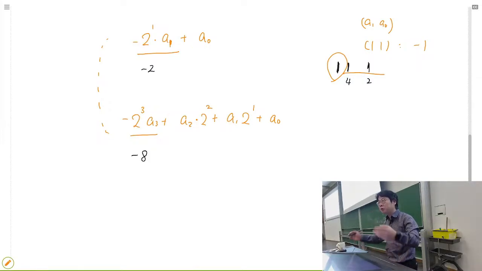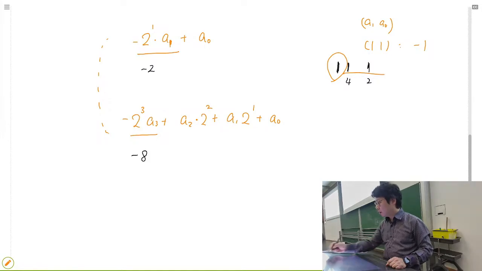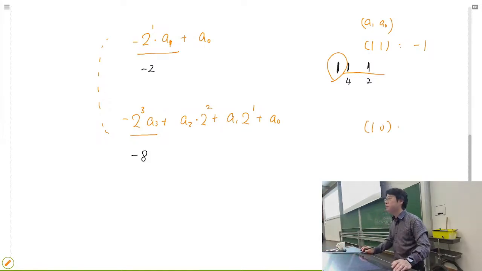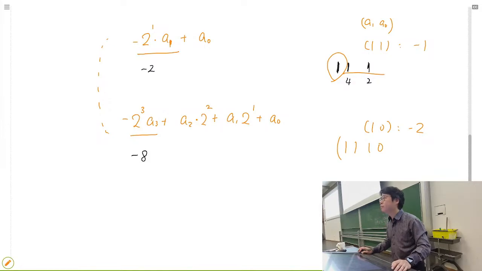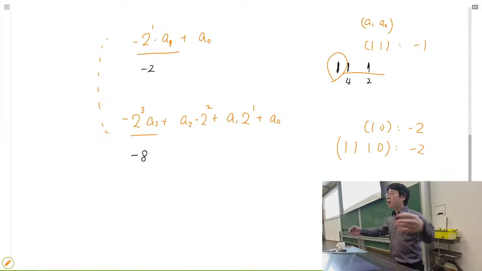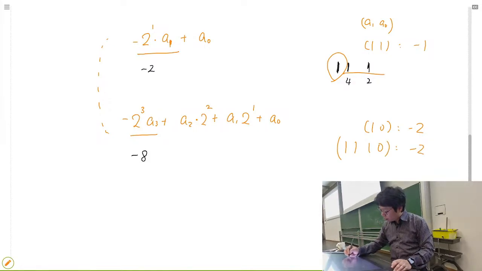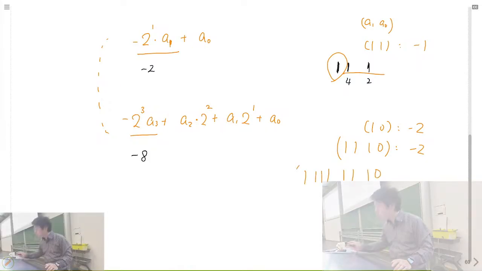Does this answer your question? Okay, now we can continue to do the same thing. So 1, 0 was originally minus 2. We will still want to keep minus 2 with 4 bits. So what do we do? 1, 1, 1, 0 is also minus 2. If you want to keep that with 8 bits, 1, 1, 1, 1, 1, 1, 1, 0, 8 bits is also minus 2.